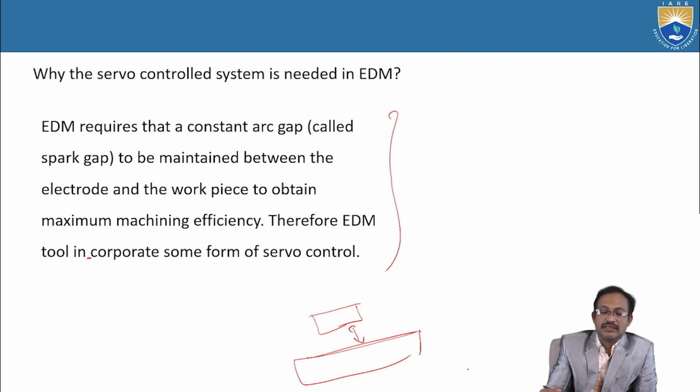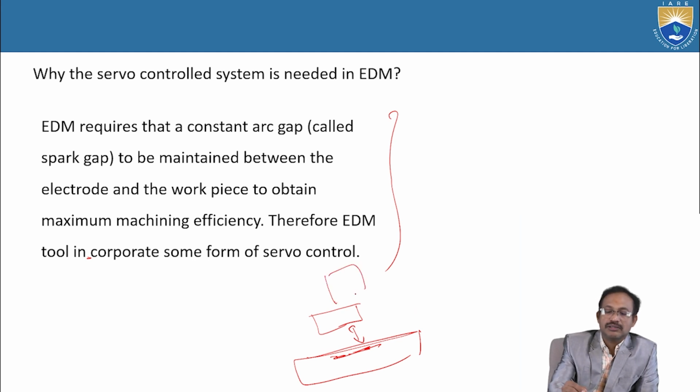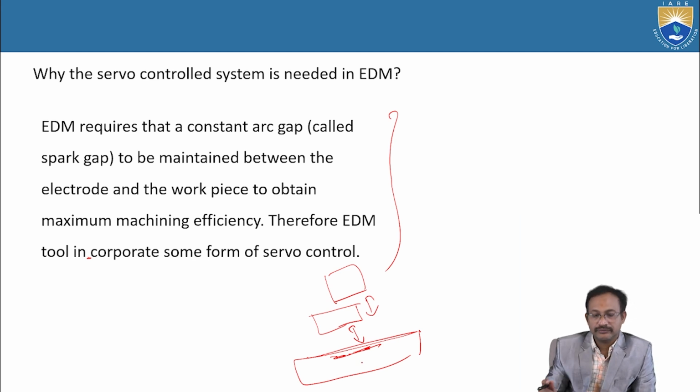During the material removal, definitely the gap would be increasing. So in order to compensate the gap, a servo motor system is set up to bring this tool down towards the workpiece.